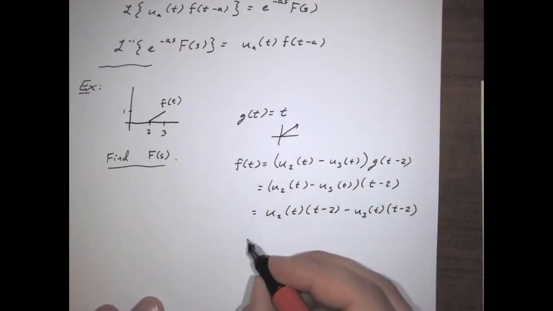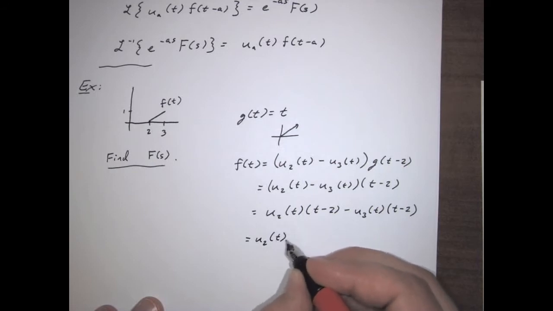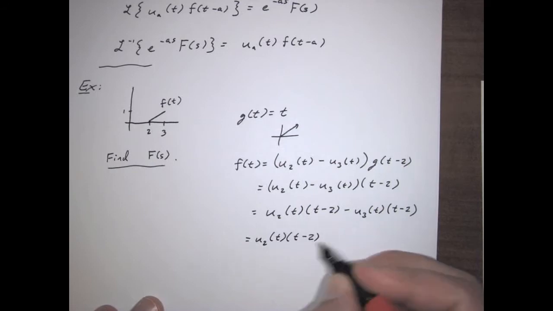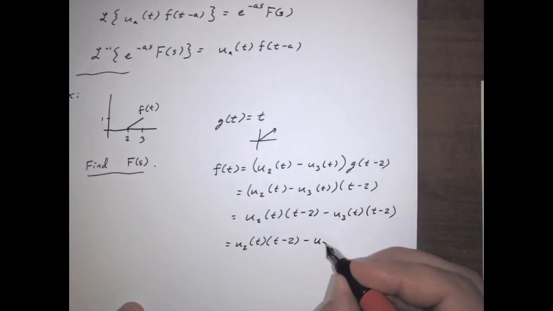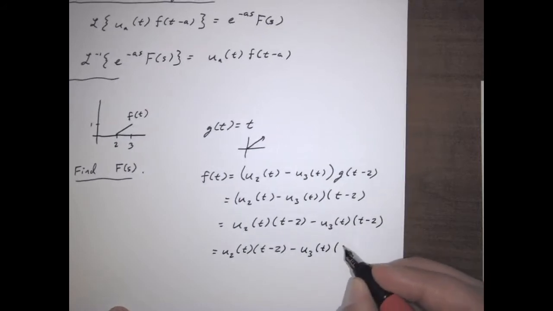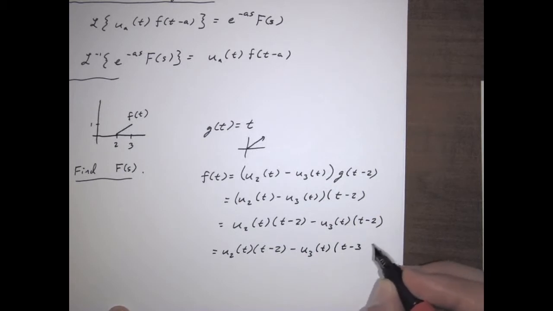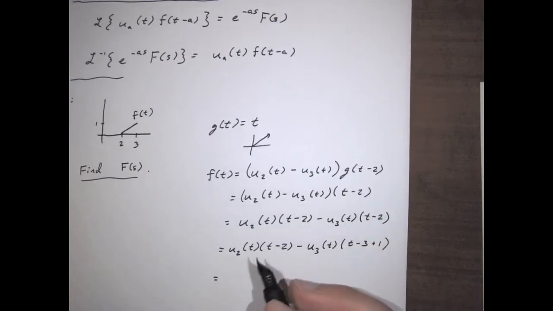However, this part is not. So what we'll do is we'll rewrite it as u2 of t minus 2. We need that number and that number to match. So the way we do that is we just do a little manipulation here. u3 of t times t minus 3 plus 1.